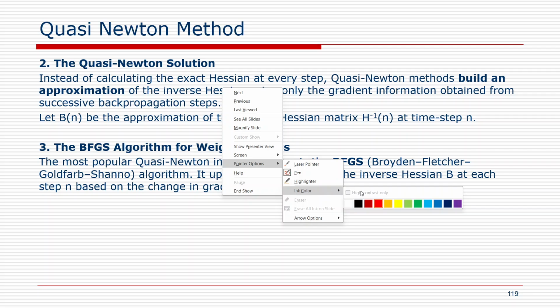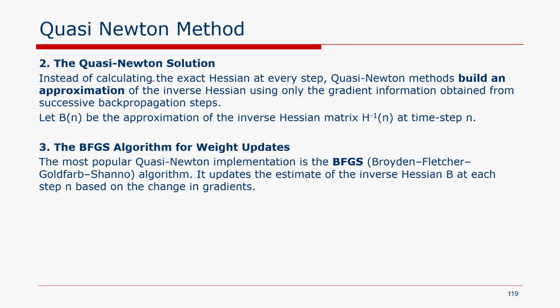Instead of calculating the exact Hessian at every step, the Quasi-Newton method builds an approximation, of the inverse Hessian, using only the gradient information obtained from successive backpropagation steps.